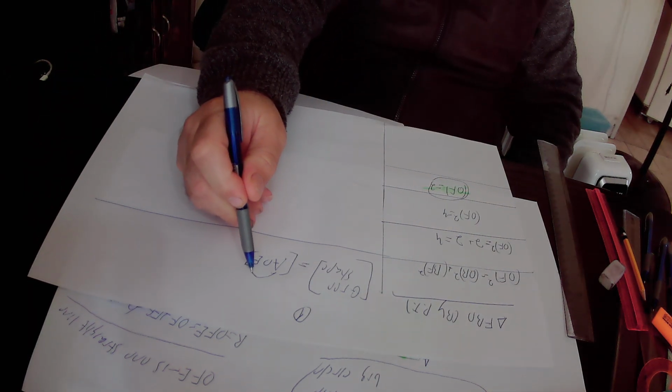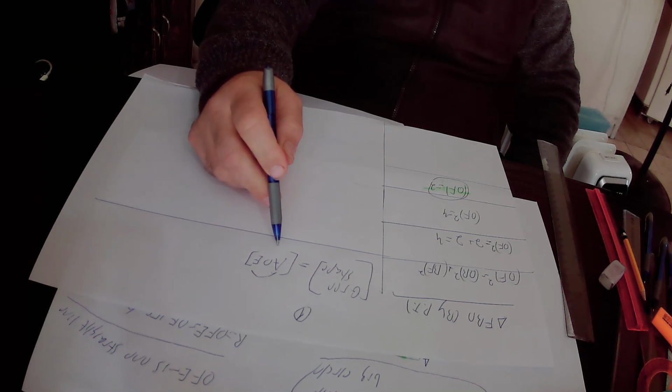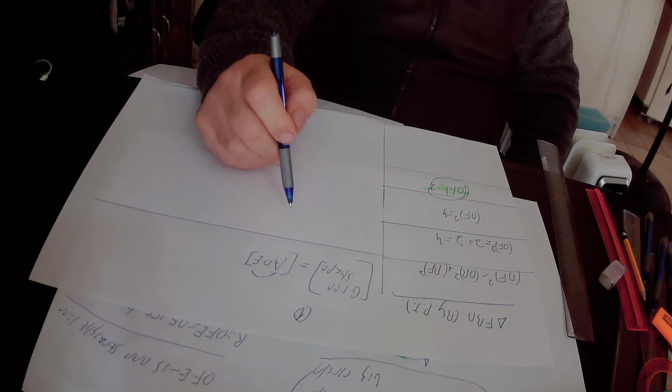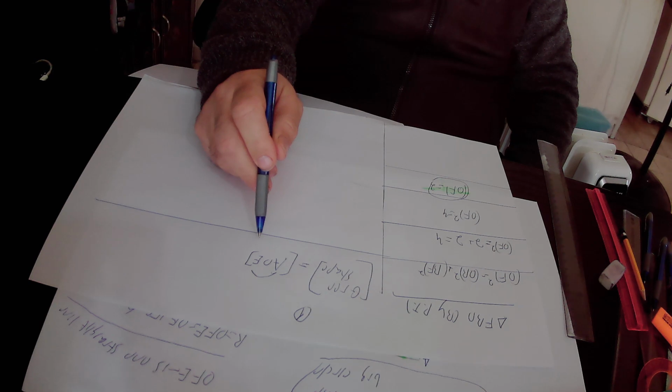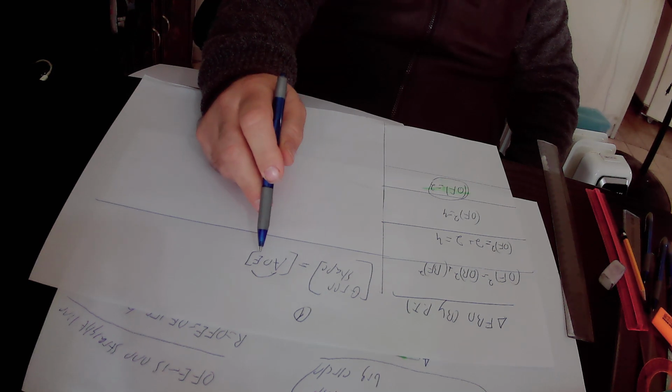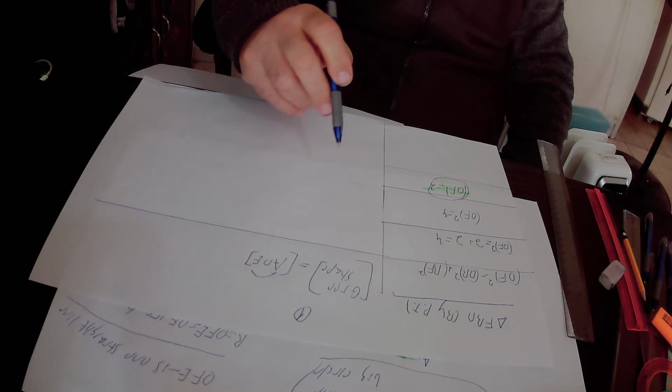This rounded line above AOE is the sign for a sector. It means sector AOE. And the two brackets are the sign for the area. So this expression in total means the area of sector AOE.